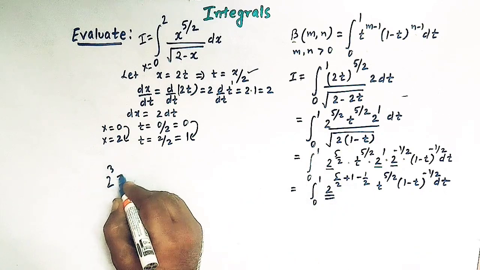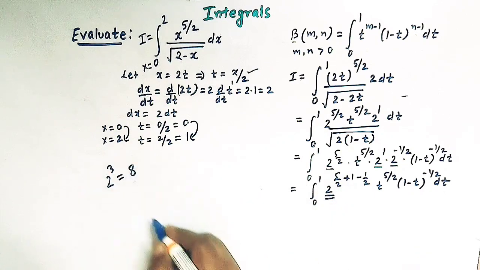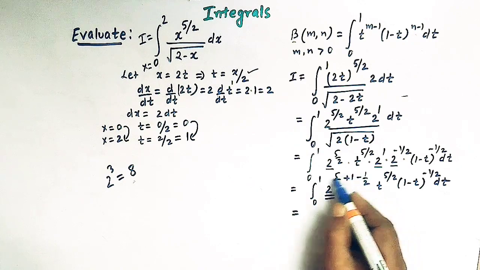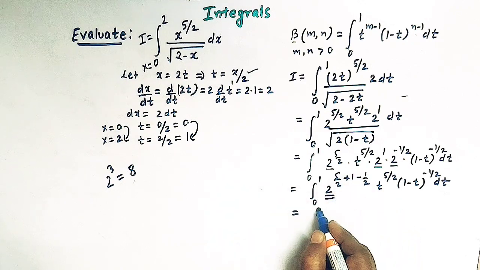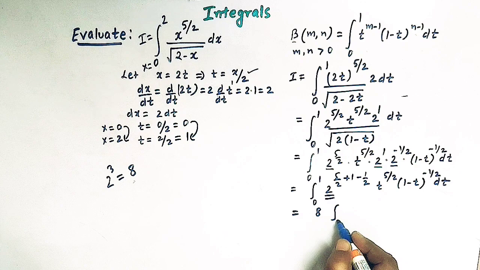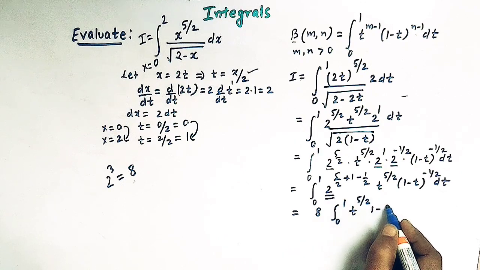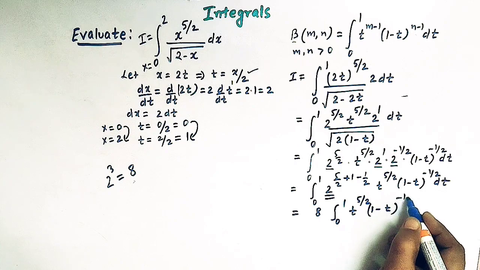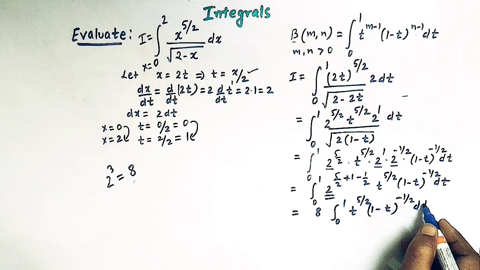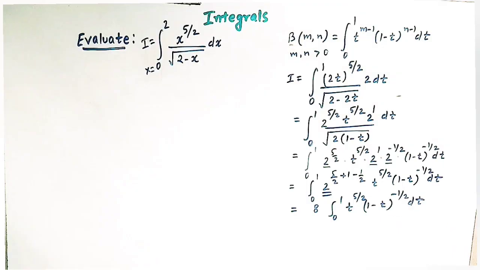So we have 2 cubed, that is equal to 8, right? Taking 8 outside the integral, we have 8 times the integral from 0 to 1 of t^(5/2) (1 - t)^(-1/2) dt.